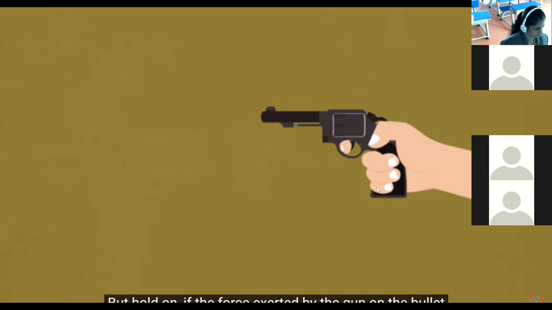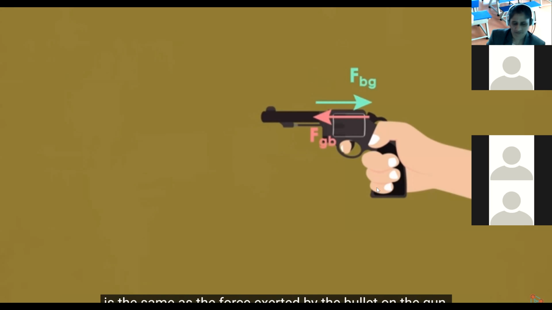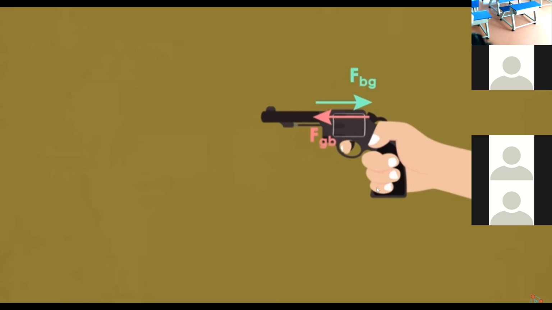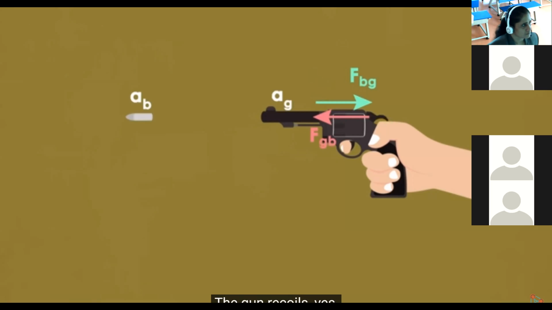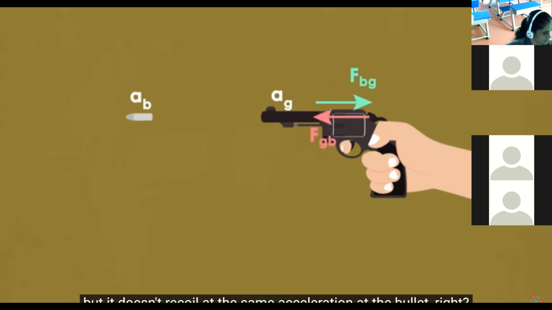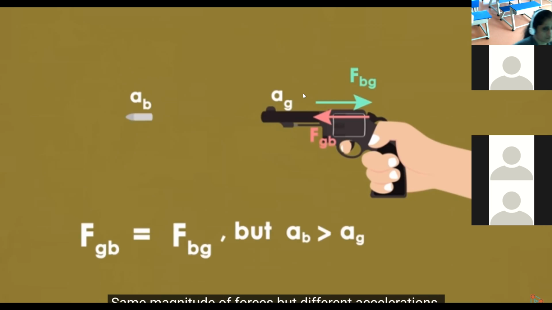If the force exerted by the gun on the bullet is the same as the force exerted by the bullet on the gun, then why doesn't the gun recoil with the same acceleration as the bullet? The gun recoils, yes, but it doesn't recoil at the same acceleration as the bullet, right? Same magnitude of forces, but different accelerations. Why do you think this happens?